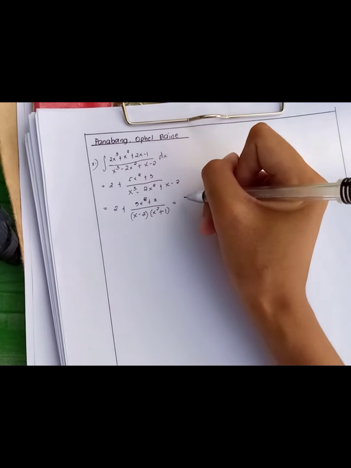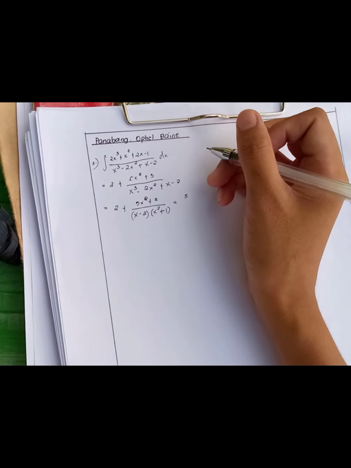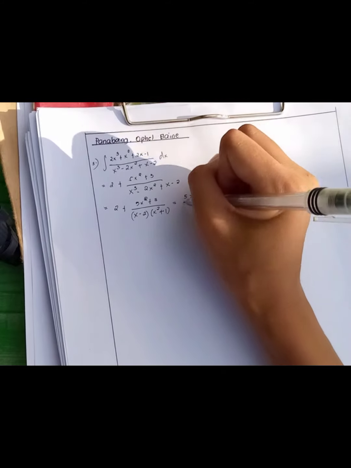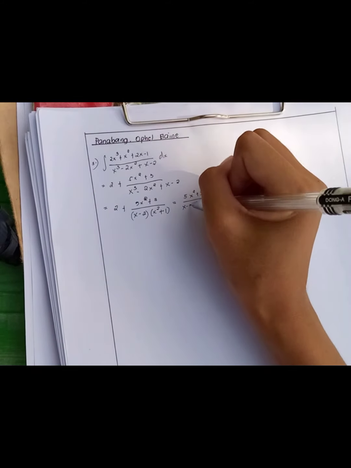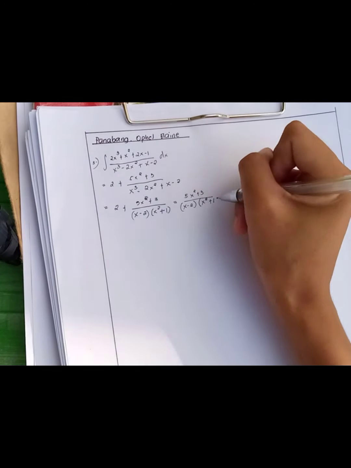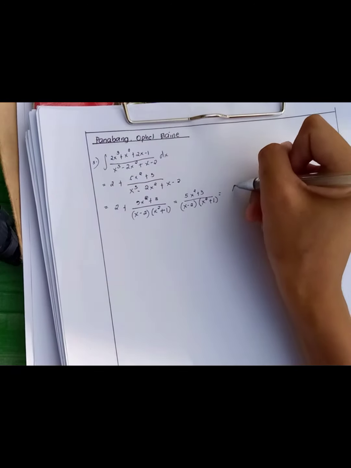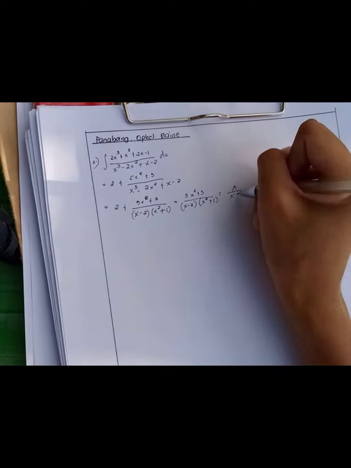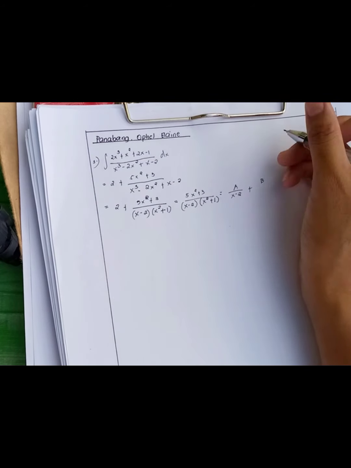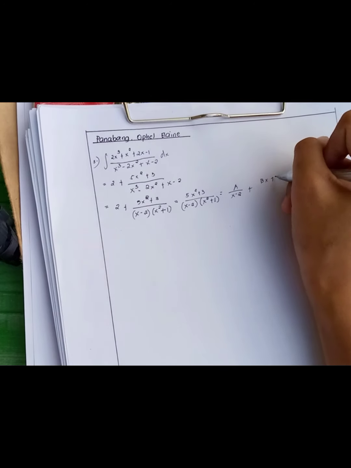Then, magiging copy the numerator: 5x squared plus 3 over x minus 2 times x squared plus 1 equals a over x minus 2 plus bx plus c over x squared plus 1.